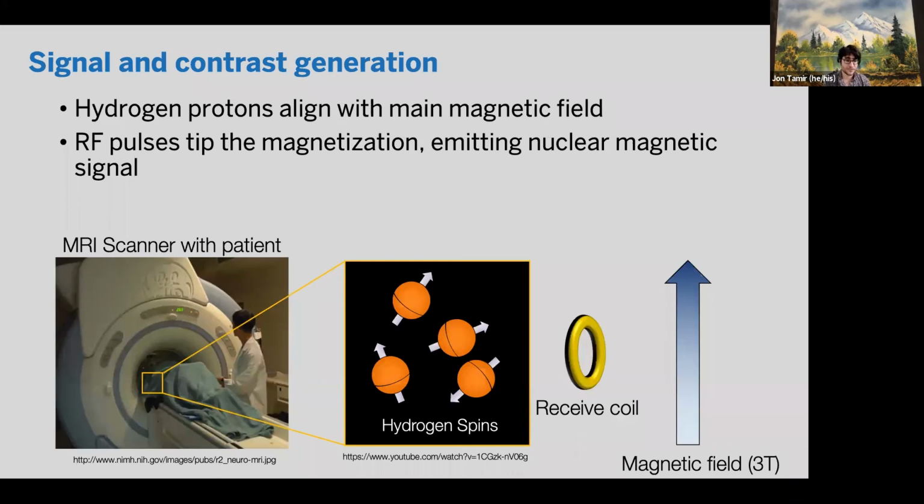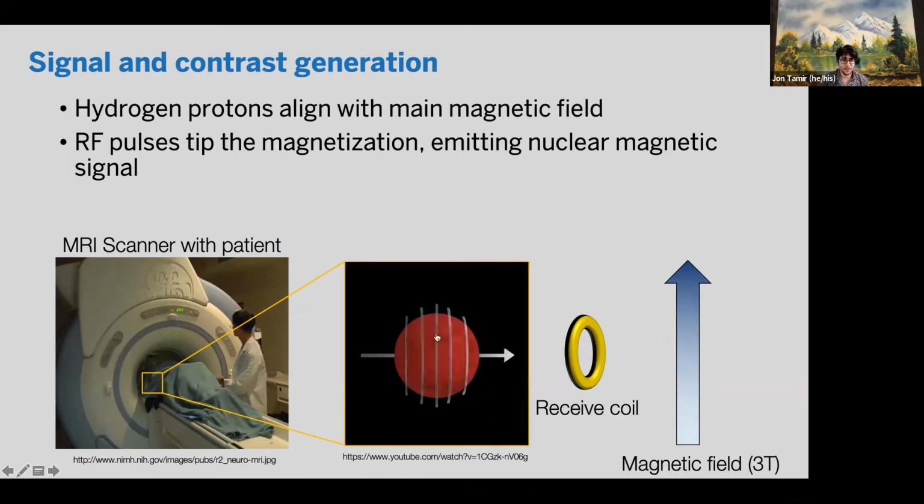Now, how is the MR signal formed? Well, it's all about hydrogen. So when we image a person and we put them in the scanner, we're basically imaging their hydrogen spins, these atoms that have a spin angular momentum. And when we place them in a magnetic field, and so here's my magnetic field, 3 Tesla, then these spins will align with the main magnetic field, a small ratio of them will.